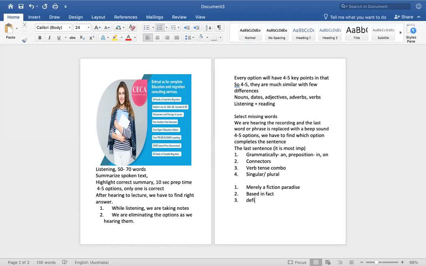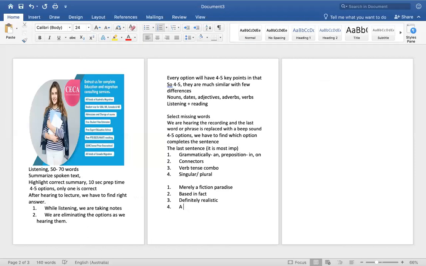Third is definitely realistic. The fourth one is a key element of our cultural heritage. The fifth one is first in a series of mythical tales. All right, these are the 5 options, and you are hearing the recording related to this.